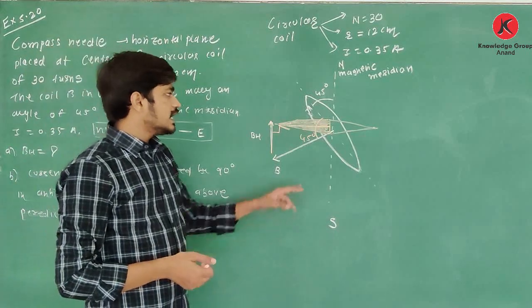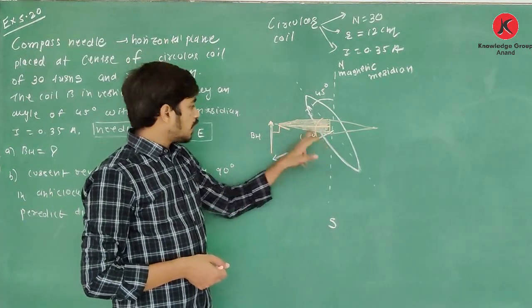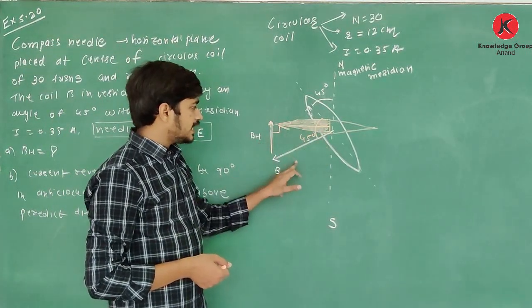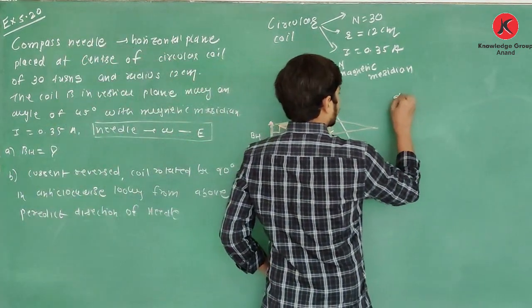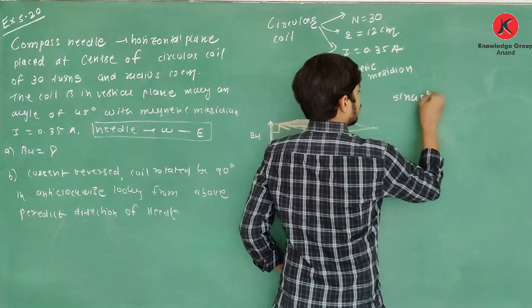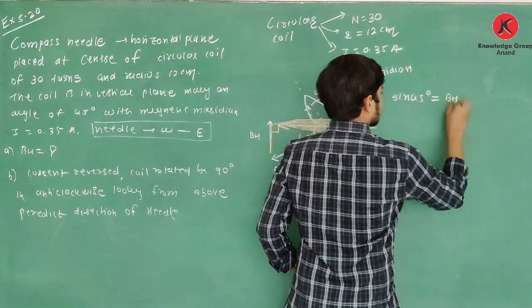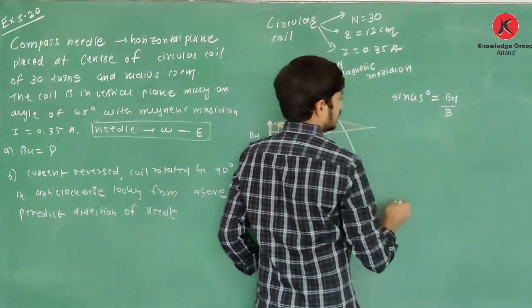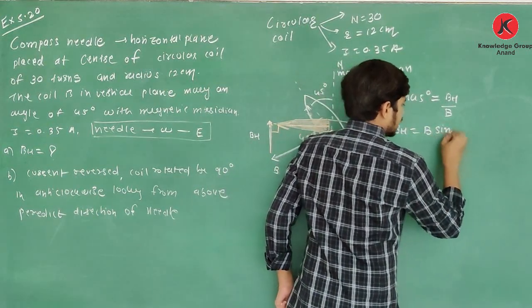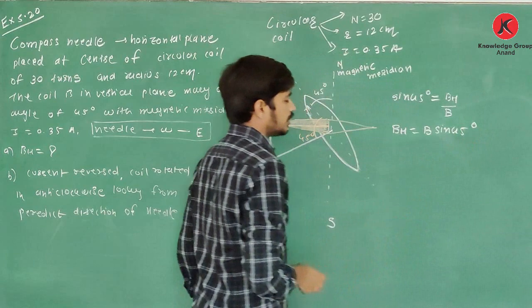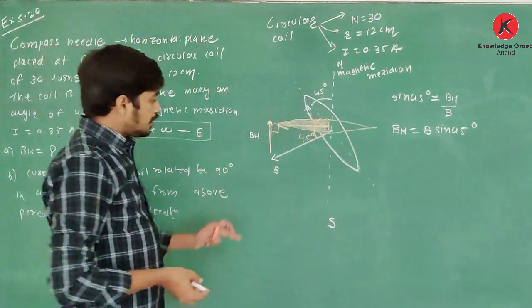So we can apply the trigonometric function. With 45 degrees, BH is the opposite side and B is the hypotenuse. So which trigonometric function do you have to consider? Yes, sine 45. Sine 45 is equal to opposite side upon hypotenuse. So BH is equal to B sine 45. What is B?